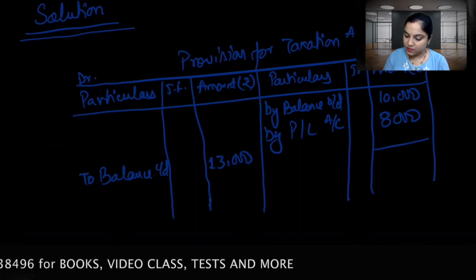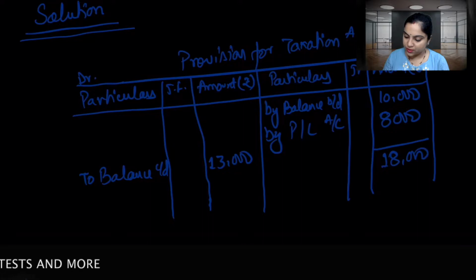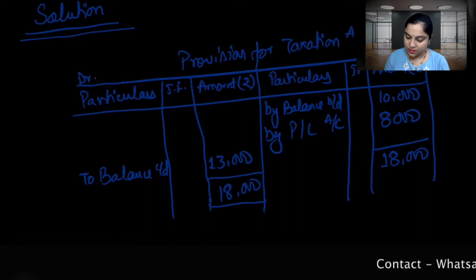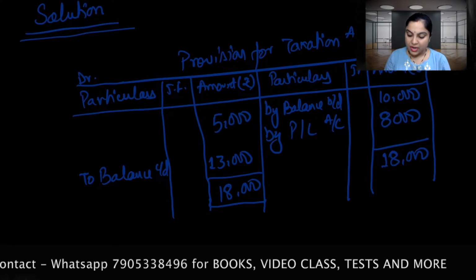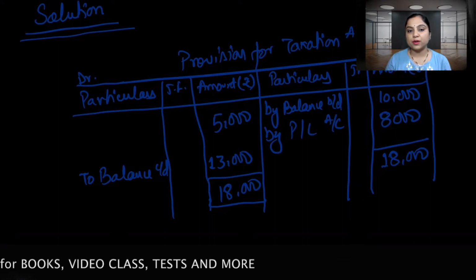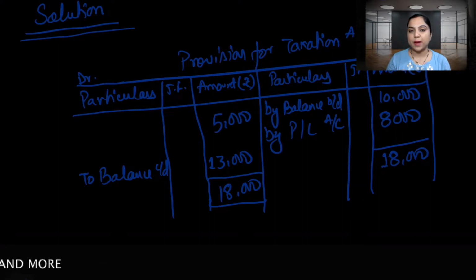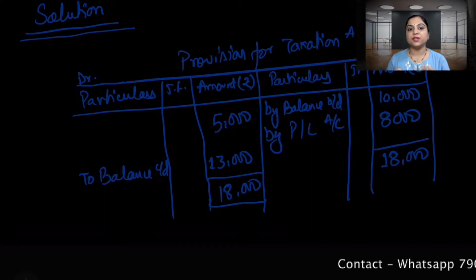8,000. Okay. So we have a net total of 18,000 here, and here we have a net total of 13,000. So 5,000 is the difference. This 5,000, the difference figure, will be by bank. That means the income tax which the company has paid during the year.